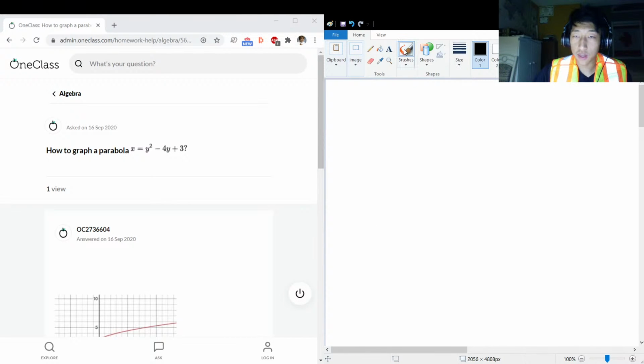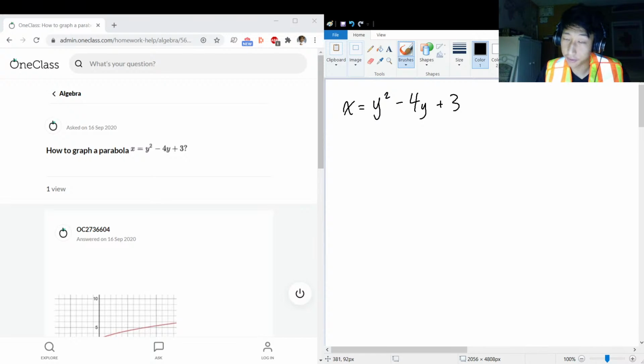Okay, next question that we got on the menu here. How do we graph the parabola x equals y squared minus 4y plus 3? Now, this can be intimidating at first, but it really isn't.